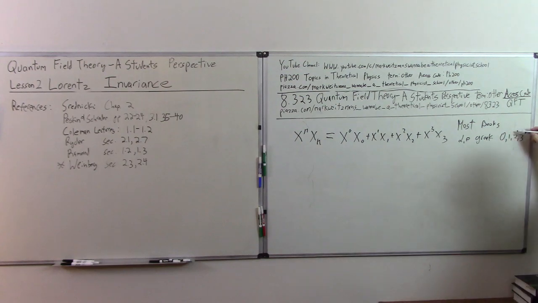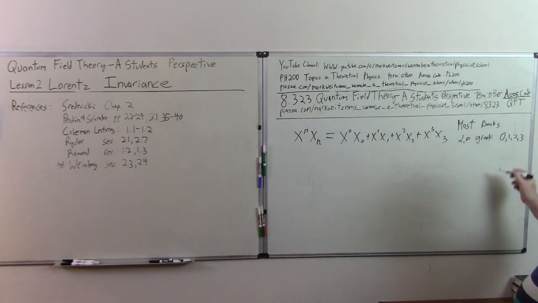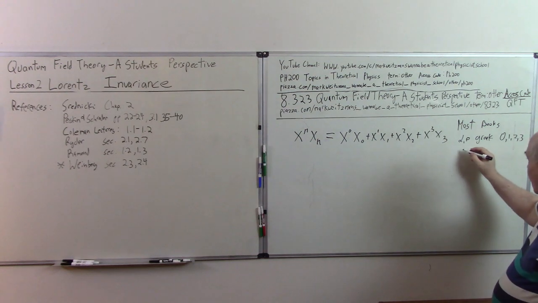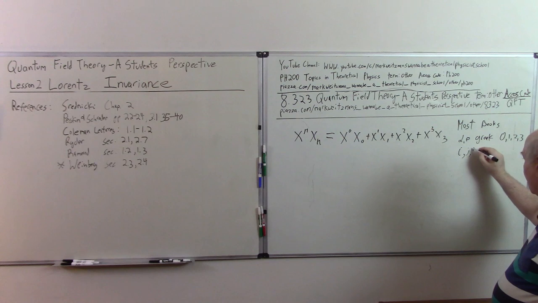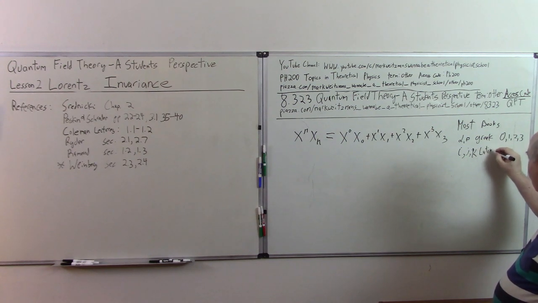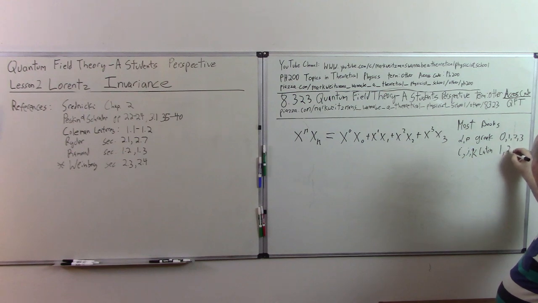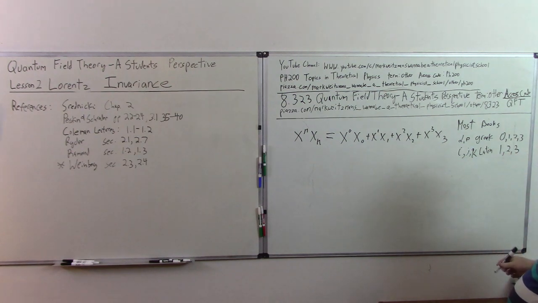So 1 is the x direction, 2 is the y direction, 3 is the z direction, 0 is the time direction. They'll use I, J, K, Latin indices, for just the spatial parts, 1, 2, 3. Like I said, some actually use 4 for the time direction. Some real old books will use imaginary metrics. You don't want to screw with those.